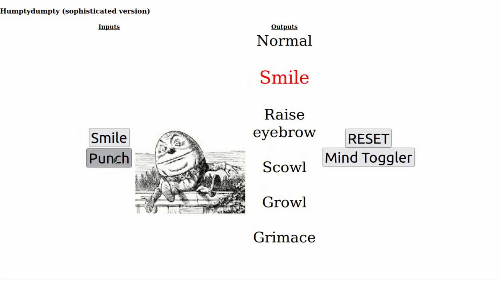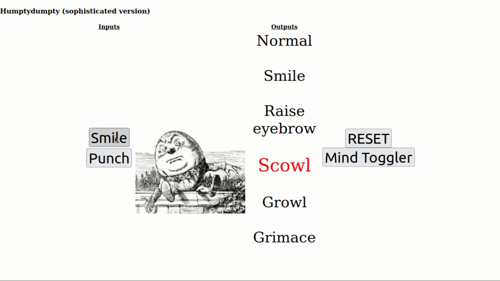But if I punch it first and then I smile, then it will just scowl. Now, how did we endow this robot with a memory? Simple. We just gave it a box called the mind, in which it currently stores its mental state.